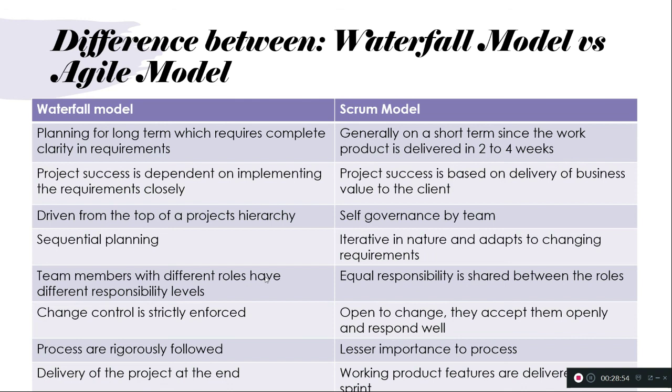In waterfall model, the processes are rigorously followed, but in Scrum model, we give less importance to the process. In waterfall model, the project is delivered at the end. For example, if you are developing an HR system, which takes 1.5 years, then moving from the legacy system to the new system will take 1.5 years actually.